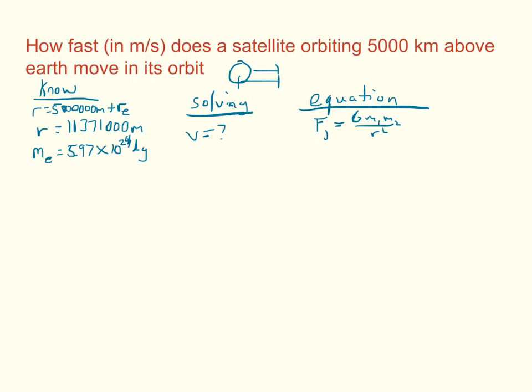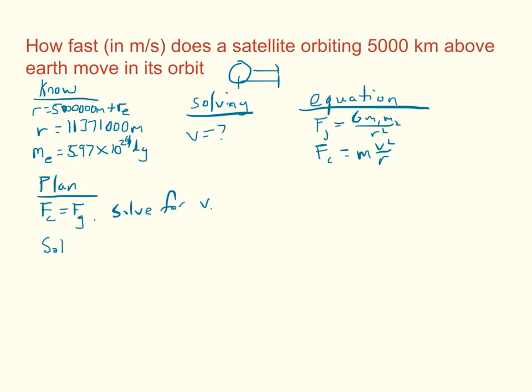So in this case, our force of gravity is going to be a centripetal force because it's causing something to move in a circular path. So that's equal to mv squared over r. So my plan here is to set centripetal force and force of gravity equal to each other, because force of gravity is my centripetal force in this case, and then solve for the velocity.